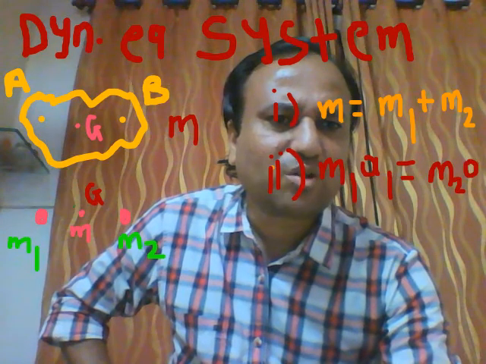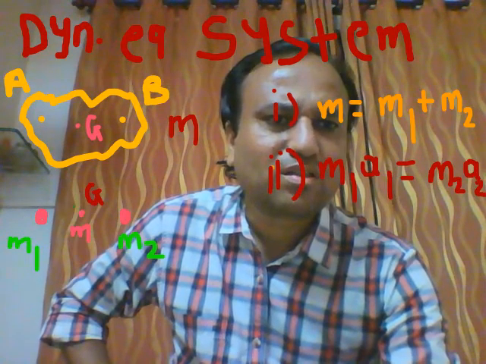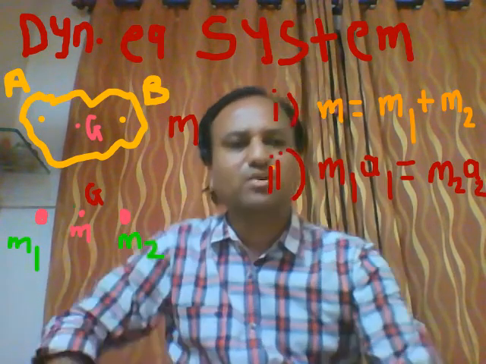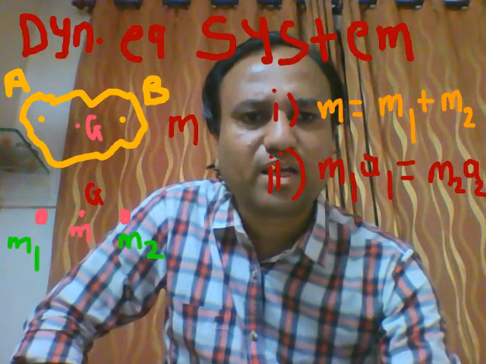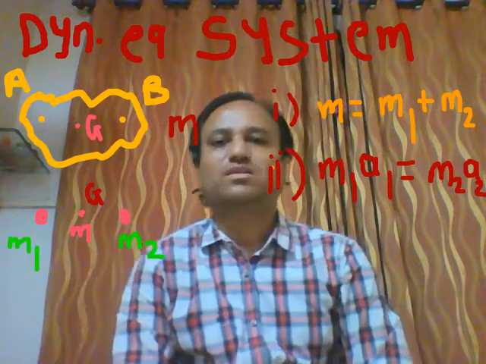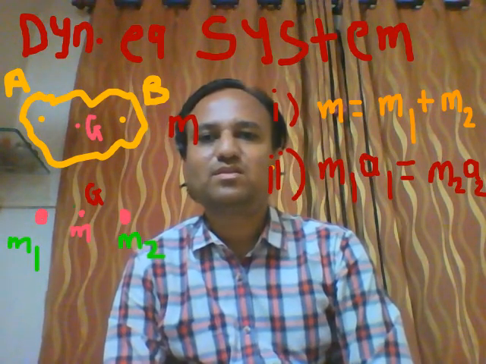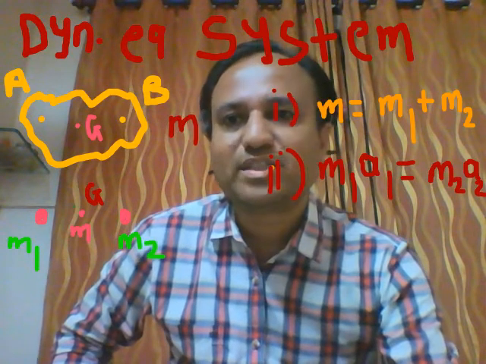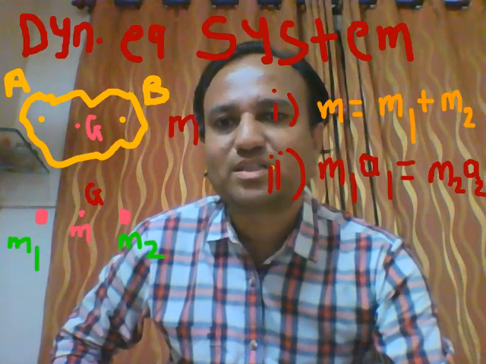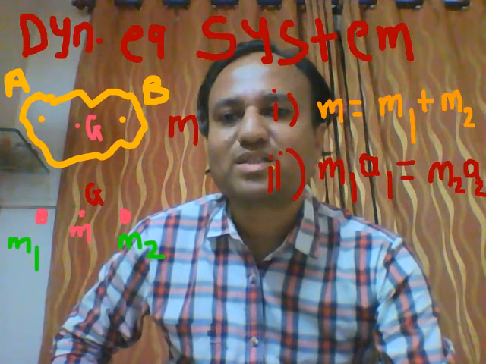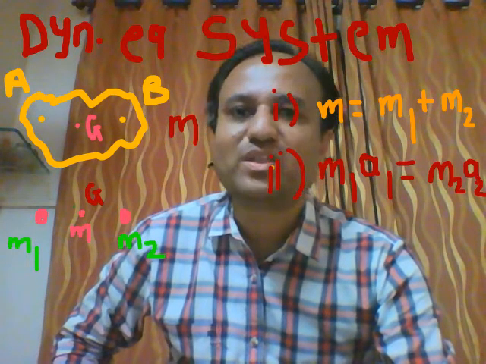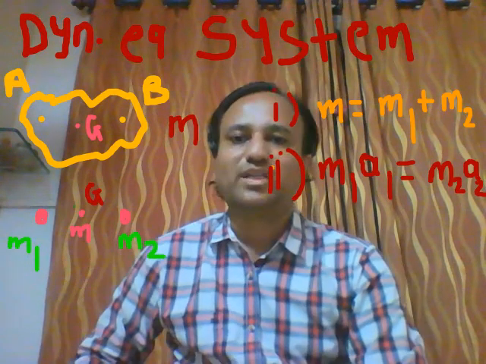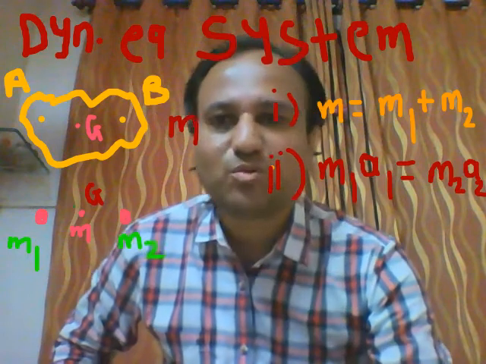So any conclusion from the second equation, students? What I have written, m1 a1 is equal to m2 a2, means the Cg of the rigid body and the Cg of this 2 point mass system coincide with each other. So then only m1 a1 is equal to m2 a2.